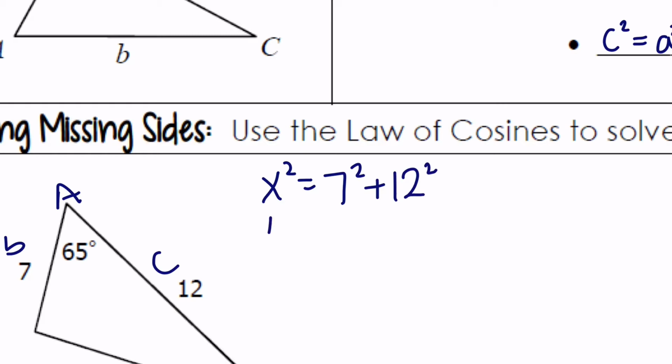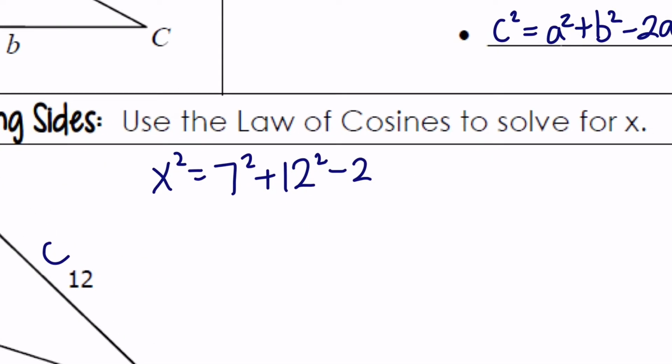So the side I'm trying to find squared is equal to the other 2 sides I have squared added together, minus 2 times those other 2 sides that I have, times the cosine of the opposite angle, which is 65.